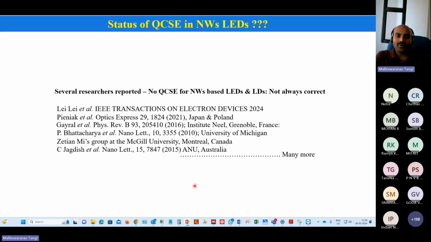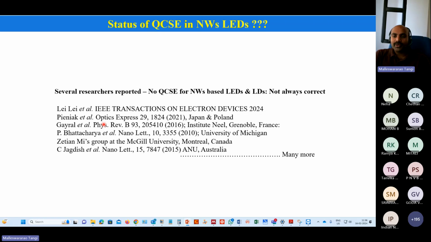Now I am going to talk about nanowire LEDs, an area where I worked, and I will focus on the quantum confined Stark effect in nanowire LEDs. Many people have reported that the quantum confined Stark effect is observed only in thin films, but not in nanowires. But later we observed that even in nanowires, because of quantum barrier or quantum well lattice mismatch, there could be tensile or compressive strain within the active region and in the quantum well region.